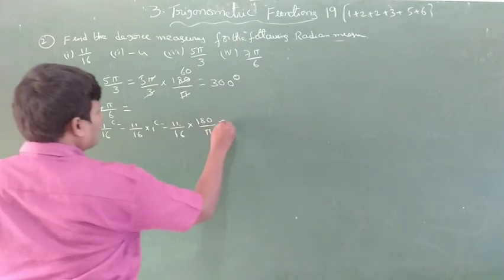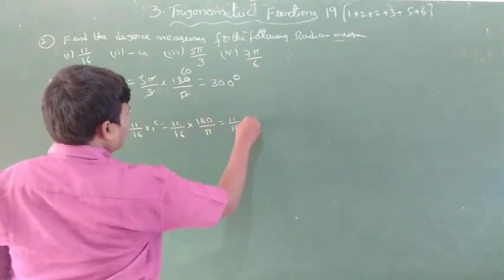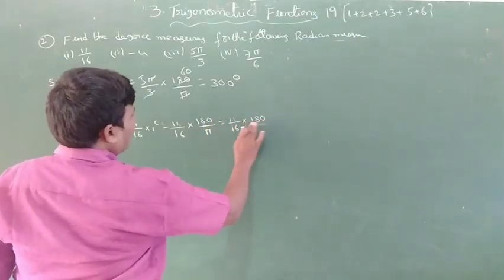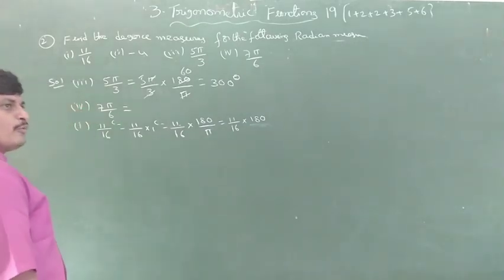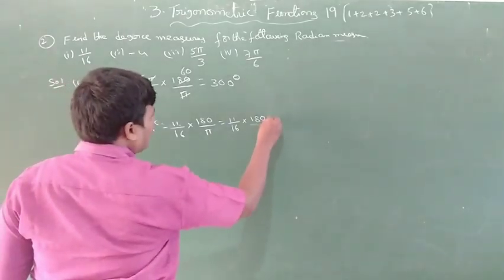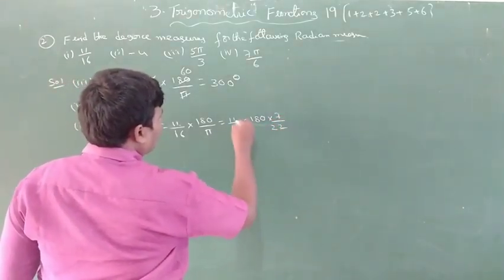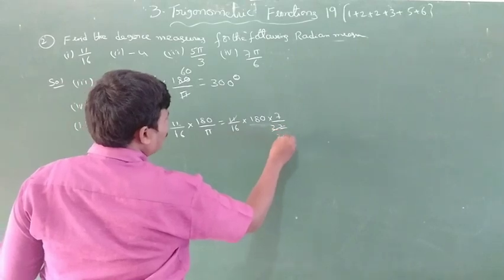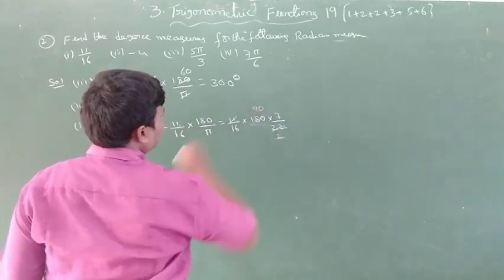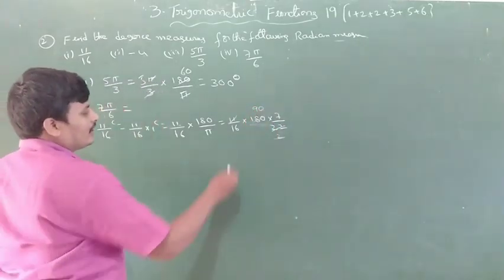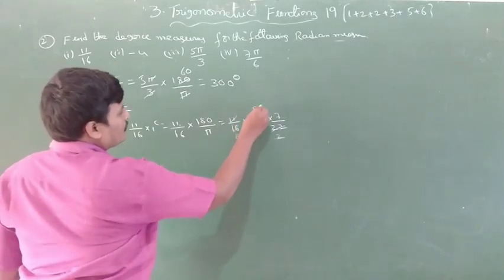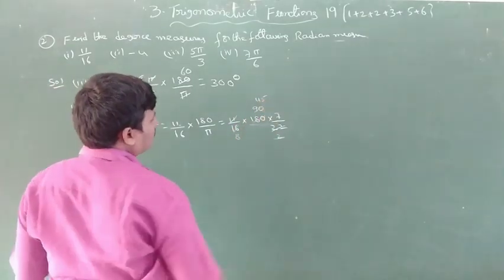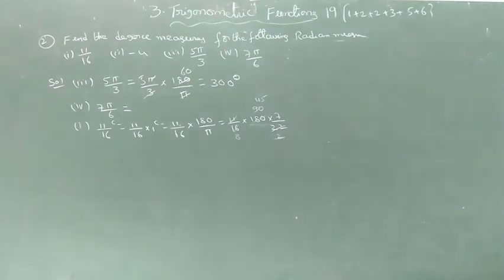So that is equal to 11 by 16 into 180 by pi, with pi meaning 22 by 7. So 1 by pi means 7 by 22. 11 ones, 11 twos, 2 ones, 2 nineties. 2 8s, 2 45s.